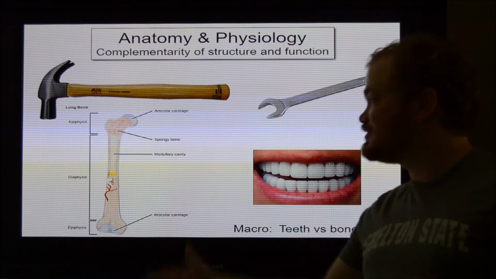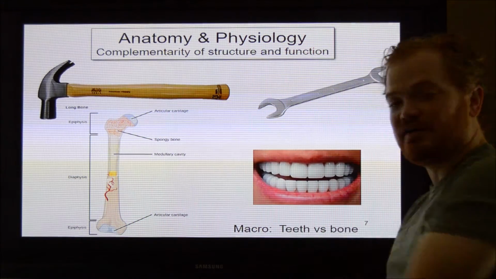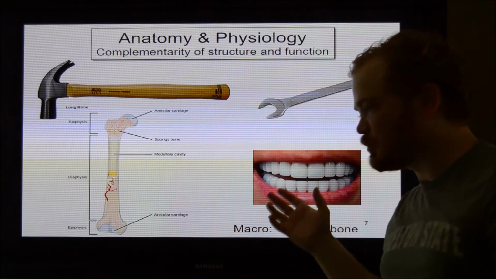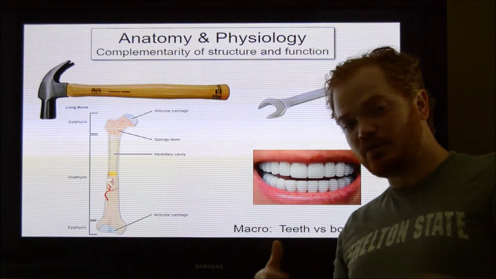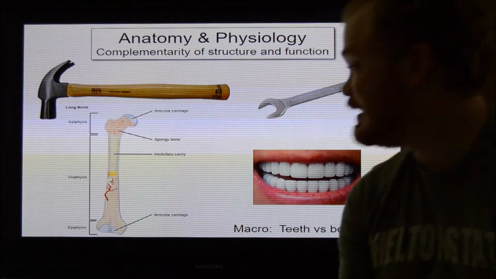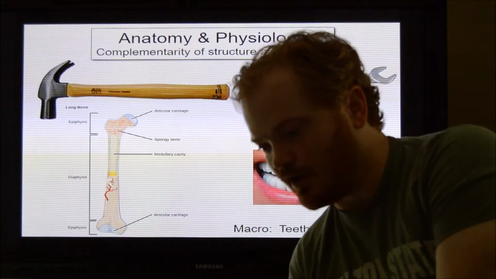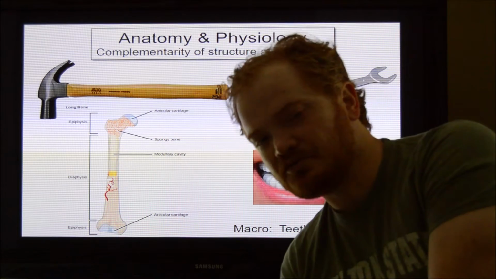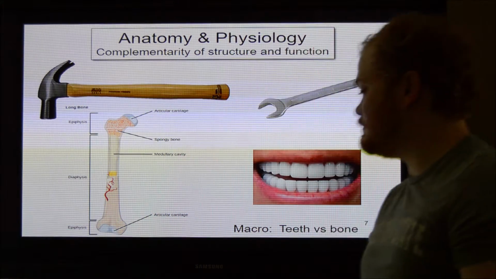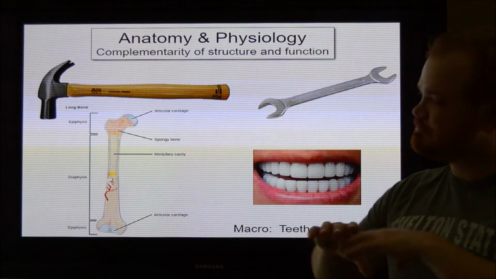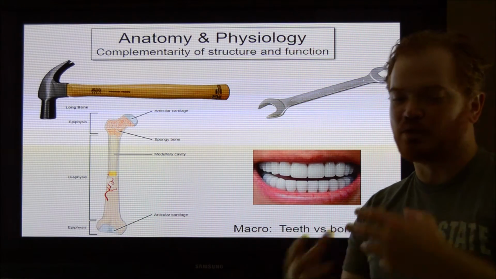So why not just make your bones out of the same stuff as we make teeth? If the teeth are way harder, why not make bones out of the same thing? Well, the answer here is quite simple. When things are very, very hard, they also tend to be quite brittle. And imagine if your bones broke like glass.